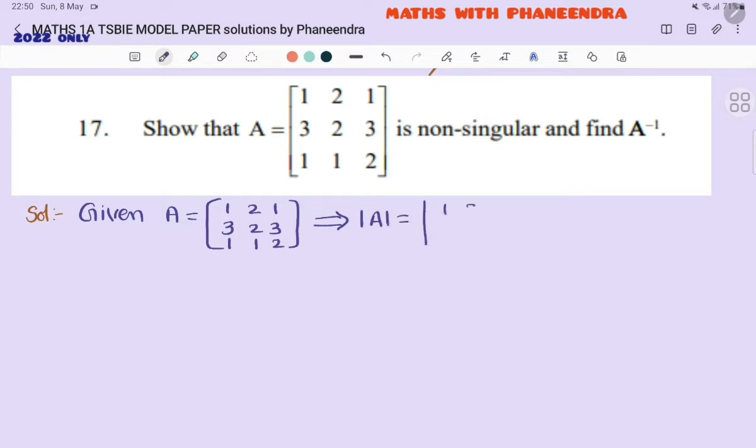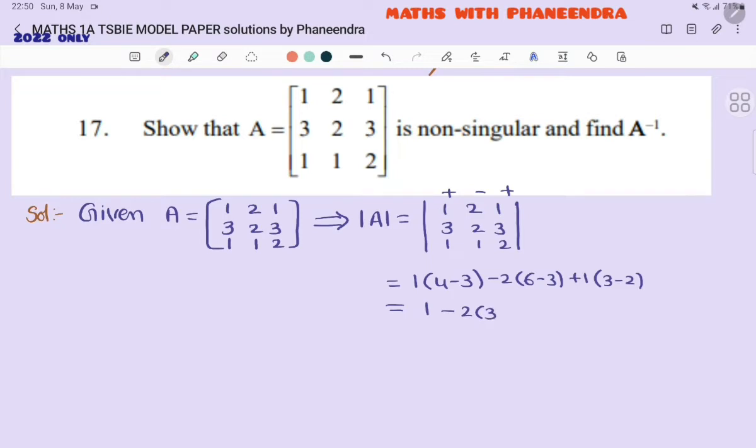Determinant of 1 2 1, 3 2 3 and 1 1 2. The expansion is plus, minus, plus: 1 into (4 minus 3), minus 2 into (6 minus 3), plus 1 into (3 minus 2).